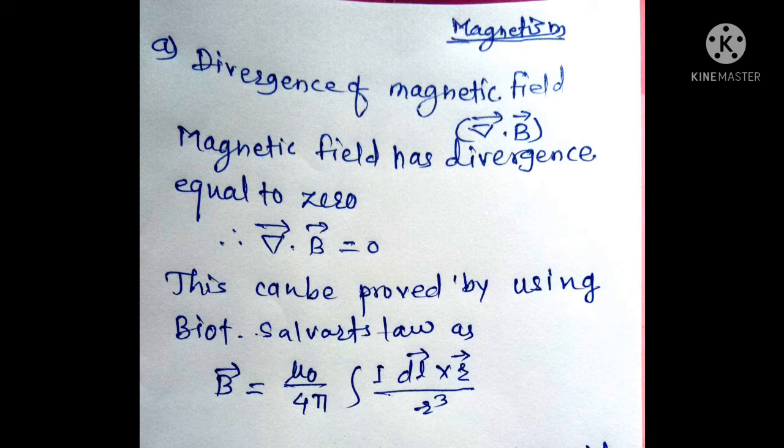Taking divergence of both sides, we get vector del dot vector B is equal to vector del dot, in bracket, mu 0 divided by 4 pi into integration I vector dl cross vector r divided by r cube.